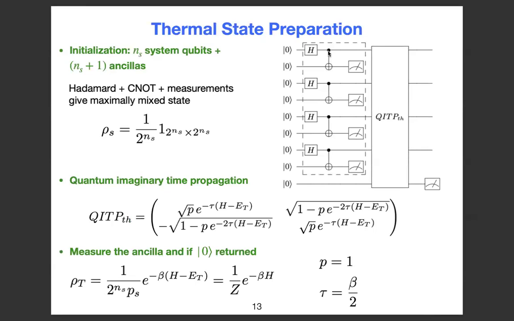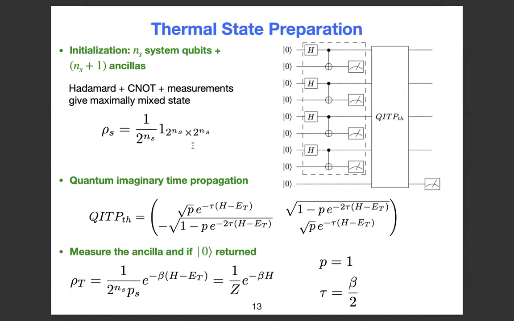The way we do that is we introduce ancilla qubits for each system qubit, and then we apply a Hadamard gate to each of the system qubits, and then apply CNOTs connecting the system qubit and the ancilla qubit. After that, we just measure the ancilla qubits we introduced. It doesn't matter what results we get from these ancilla measurements, but after the measurements, one can show that the state for the system becomes a maximally mixed state corresponding to an infinitely high temperature state.